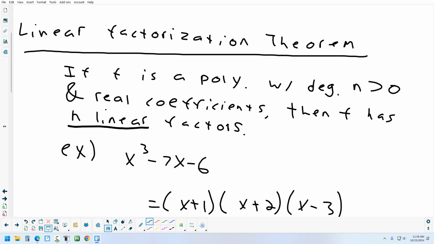Now, I couldn't just look at that and do that off the top of my head, but at this point, you should be able to take that and turn it into that. You would have to do the rational root theorem, find one that works, then divide through synthetically, and you'd have a quadratic, which you could then use the quadratic formula on.